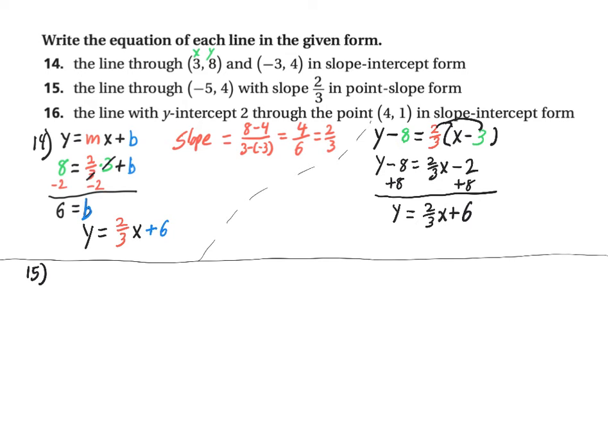So we're going to do y minus, and then the y value is 4. This is x and y. And then the slope is 2/3, then x minus, and then the x value is -5.